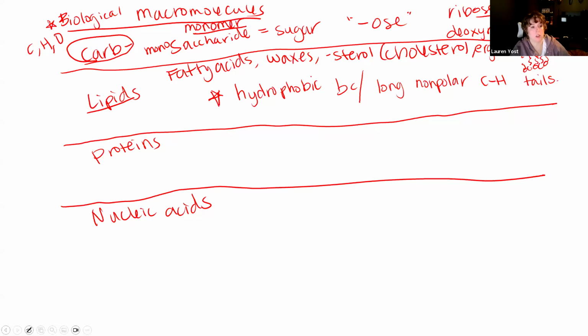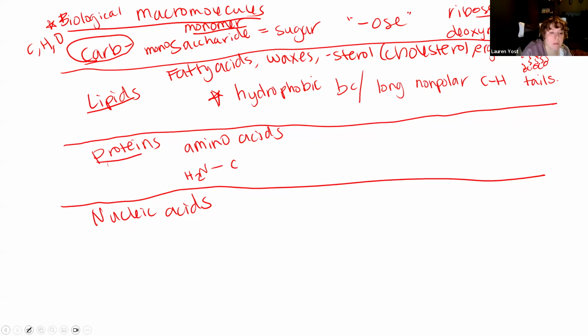Talk about our proteins, okay? Proteins, we know our monomer is going to be amino acids. And amino acids generally look like this. We have an NH2 group. I drew it sideways so that we could draw our link to our carbon.